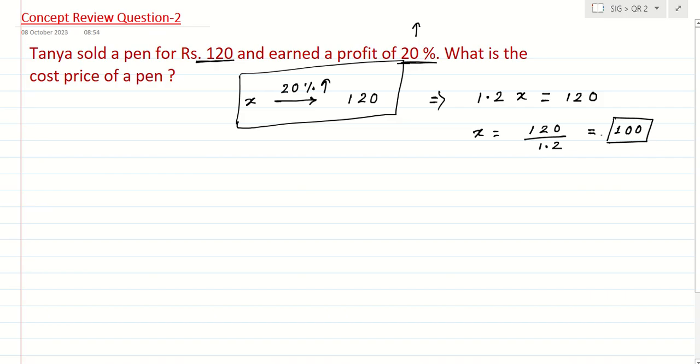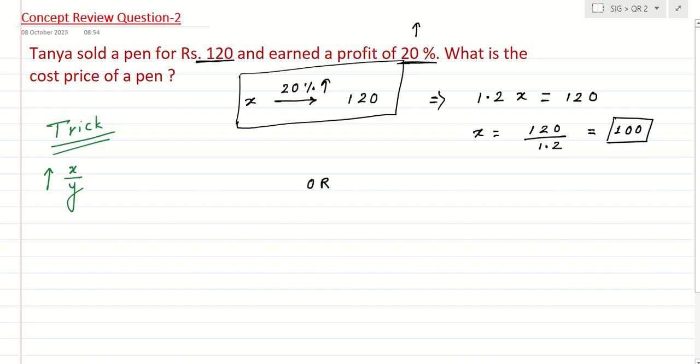Make sense? Now, there is one small trick. If you understand the trick, then I can go ahead with another example. See, the trick says that, I'm just taking red, green color. The wonderful trick for this kind of question: if I'm increasing by some fraction, let's say I'm increasing by x upon y, right?